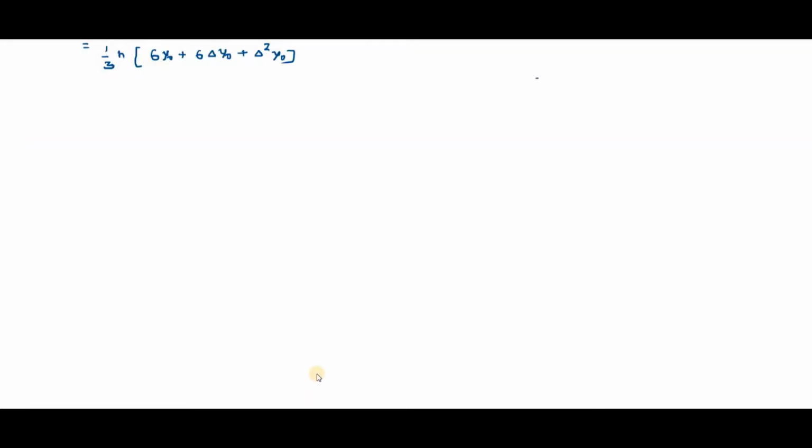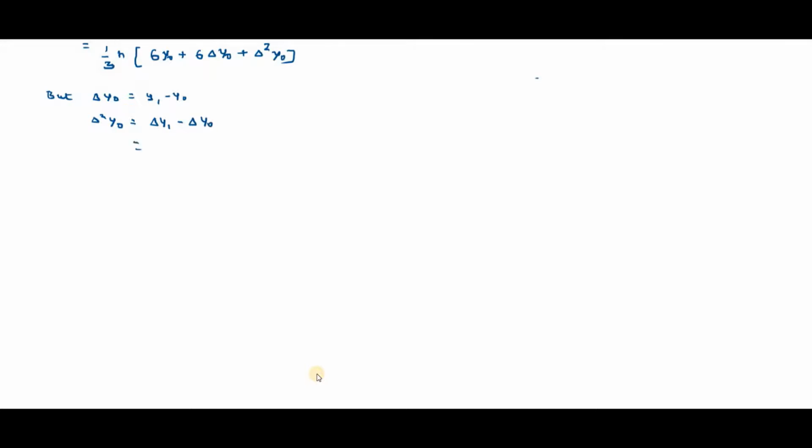But we know that delta y0 is the second term minus the first term, that is y1 minus y0. And similarly, what is the value of delta square y0? Delta square y0 is delta y1 minus delta y0.